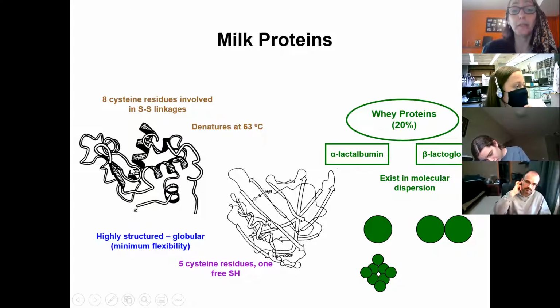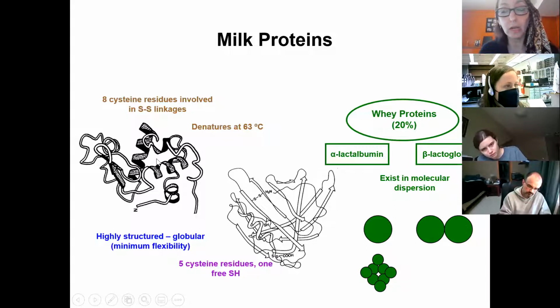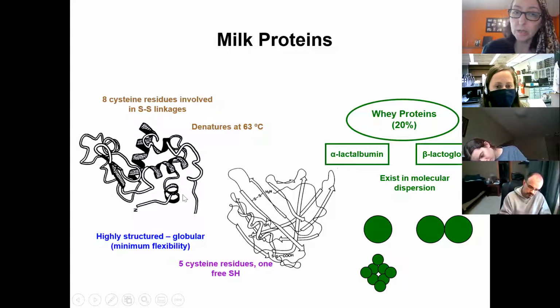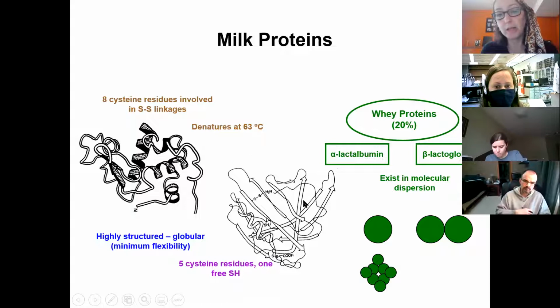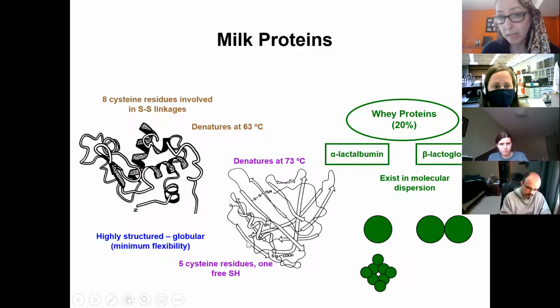The alpha-lactalbumin denatures at 63, and this is a characteristic of their secondary structure. So you see here there are more alpha helixes and 1 beta sheet, whereas beta-lactoglobulin has more beta sheets and 1 alpha helix in its structure. Beta sheets are more thermally stable than alpha helixes, so there is this difference in denaturation temperature.